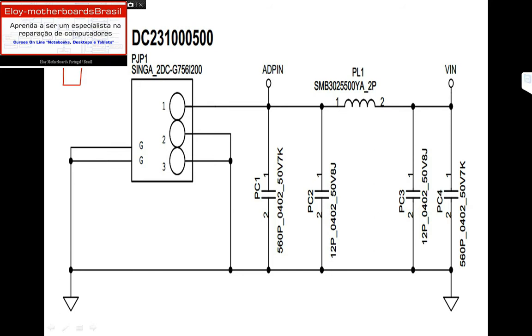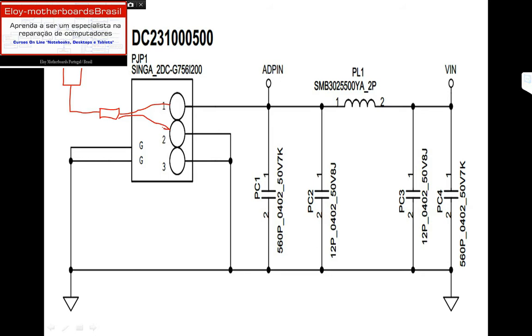Here in Portugal we use 230 volts. Some countries use 110, like the USA and Brazil, and others 220. Here in Portugal we use 230. So here we have our converter.